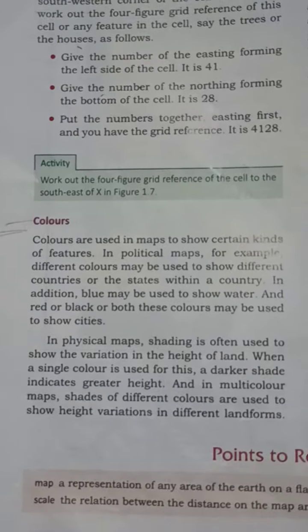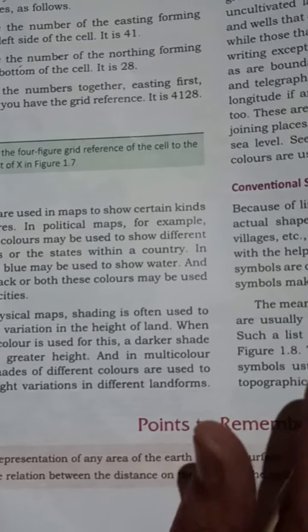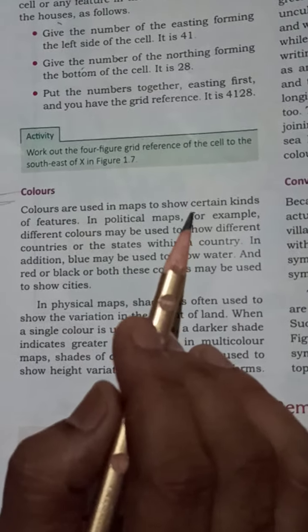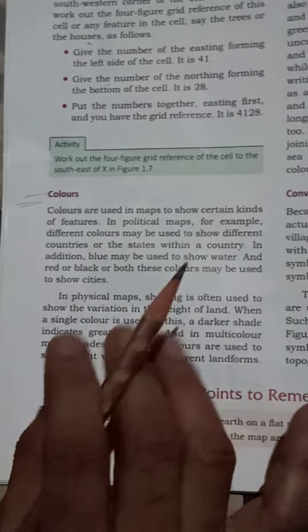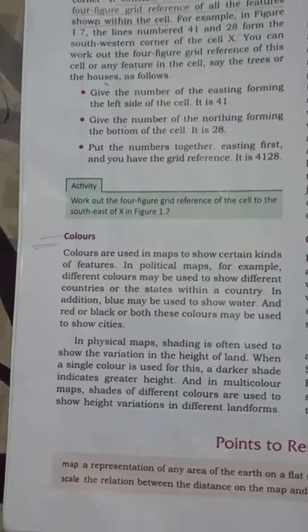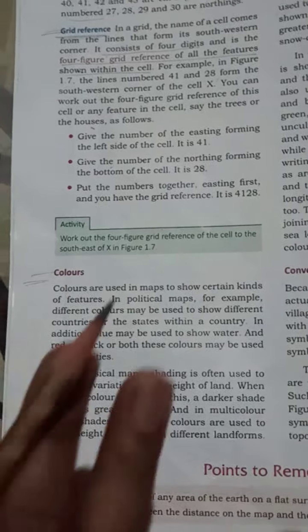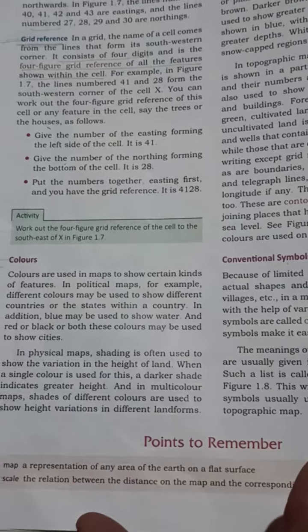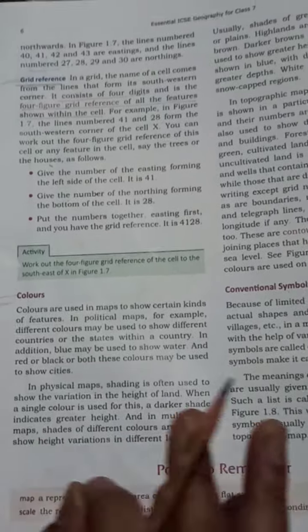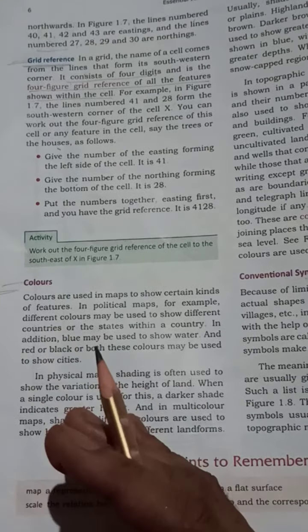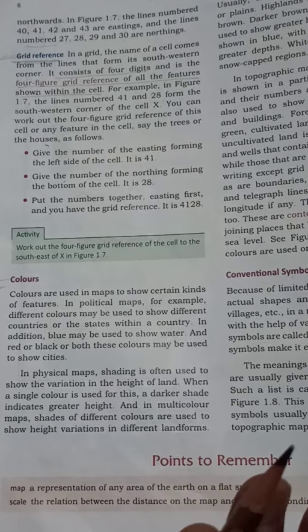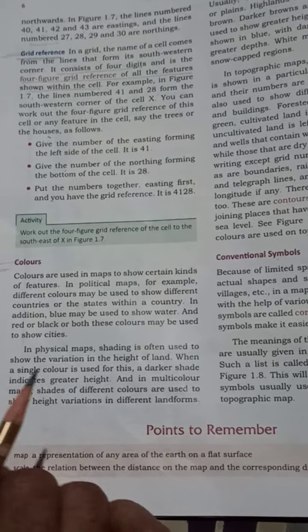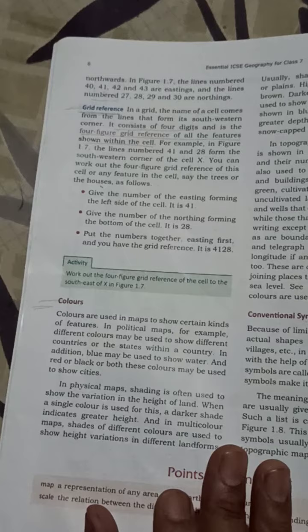Colors are used in maps to show certain kinds of features. In a physical map, color is used most dramatically to show changes in elevation. Dark green usually represents low-lying land, with lighter shades of green used for higher elevations.